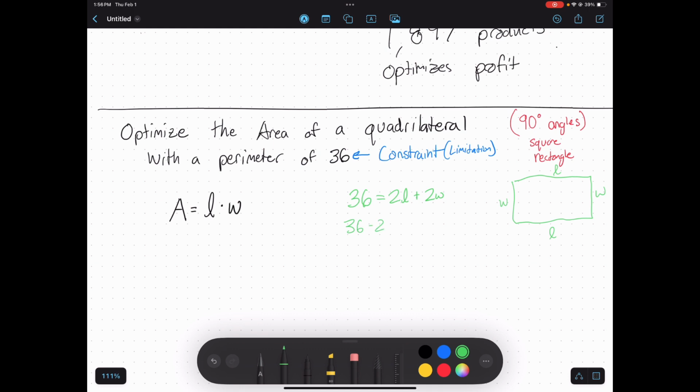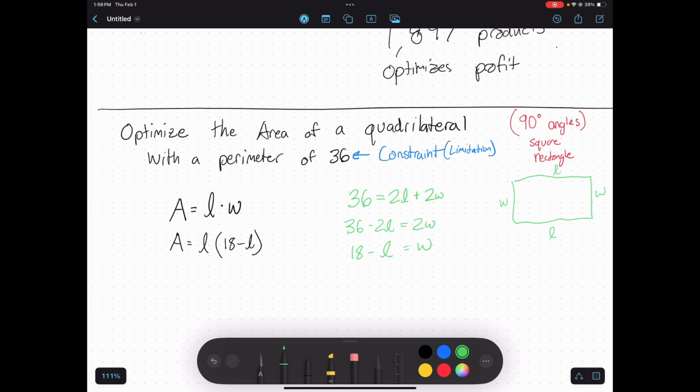If I subtract 2L from both sides, then divide by 2, I get 36 divided by 2 is 18, and 2L divided by 2 is just L. I get that the width has to be 18 minus the length. So the constraint lets me solve for one of my variables in terms of the other one. How does that help? Now I can go back to my area equation and replace width with what it is in terms of my length.